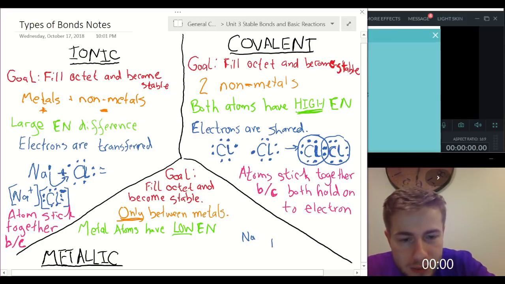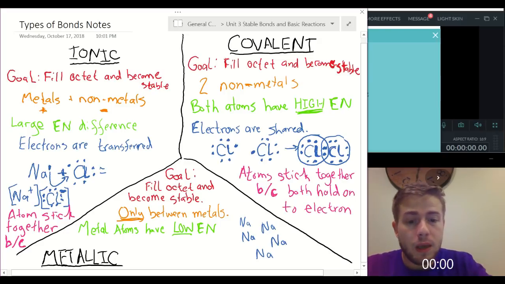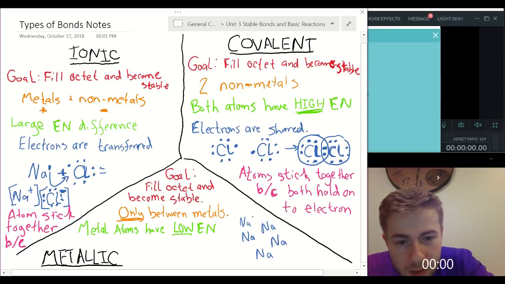So when it gets together with another sodium atom, or let's say multiple sodium atoms, we'll just get a bunch of them in here. Na, okay. What happens is they let their electrons go. And so I'm going to say that this electron came from this one, and this electron's floating, and this one is floating away. Okay, and once they've been let go, they're free to move around.